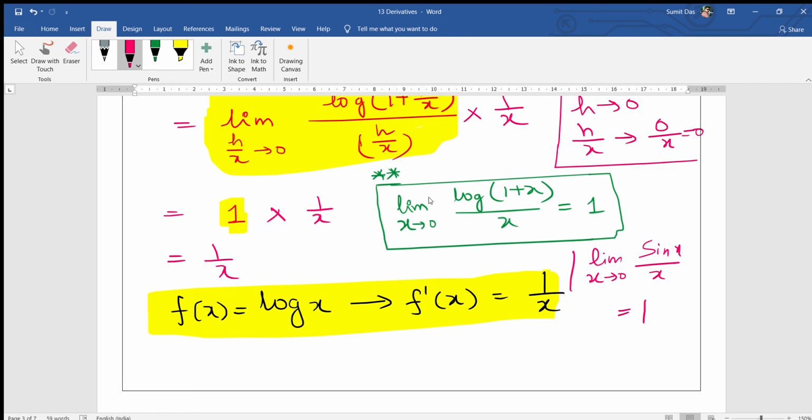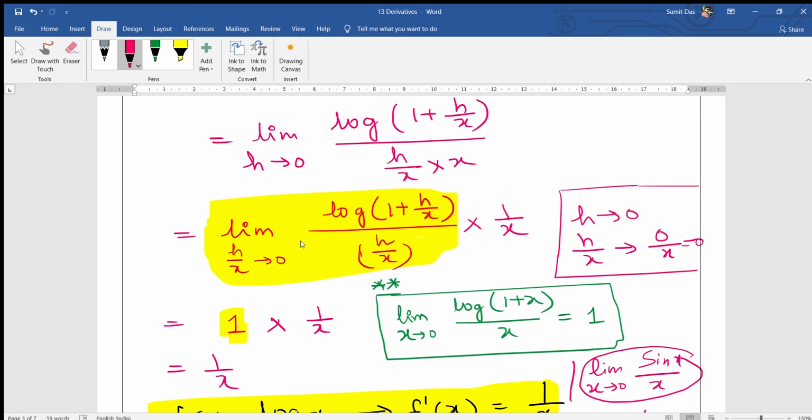When we do this, we always try to construct this formula, limit x tends to 0 of sin x by x. We don't put the value here. We always try to construct it, because we know this value is 1. Here also it is the same: limit x tends to 0 of log 1 plus x by x equals 1. So we construct it like this, so that we can put it equal to 1.